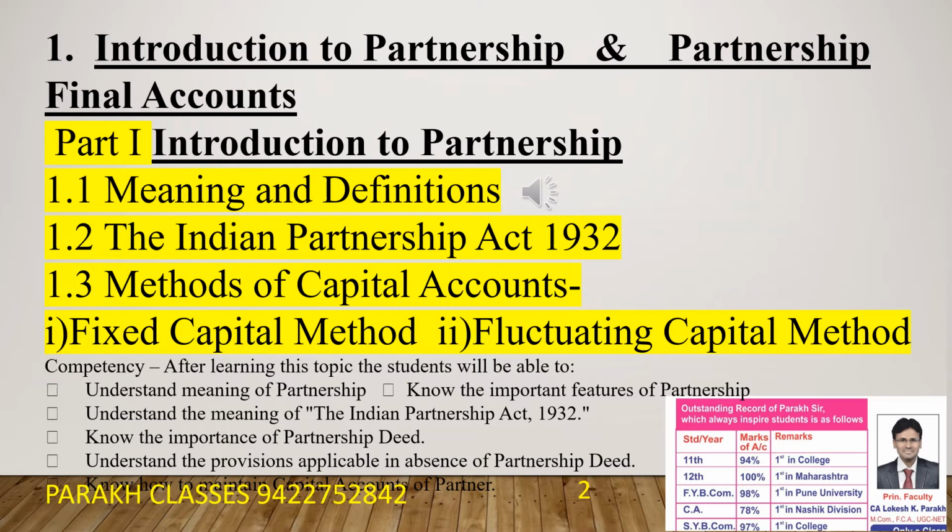Then methods of capital account. There are two methods: fixed capital account, under which partners' capital account and partners' current account are prepared, and fluctuating capital method, under which only partners' capital account is prepared.